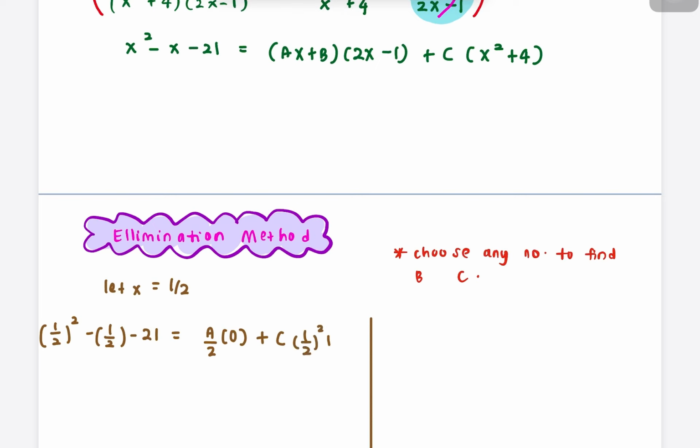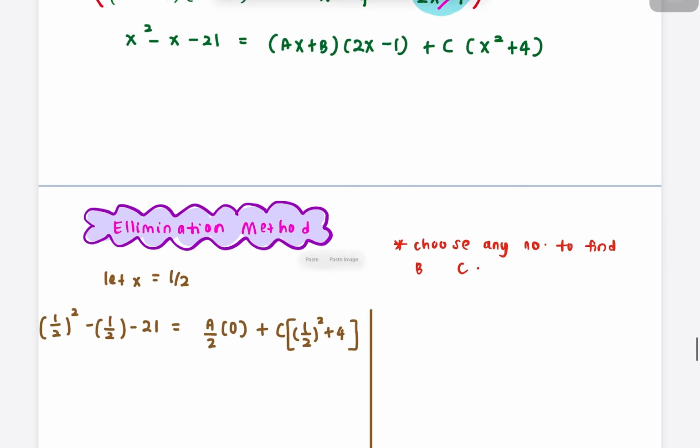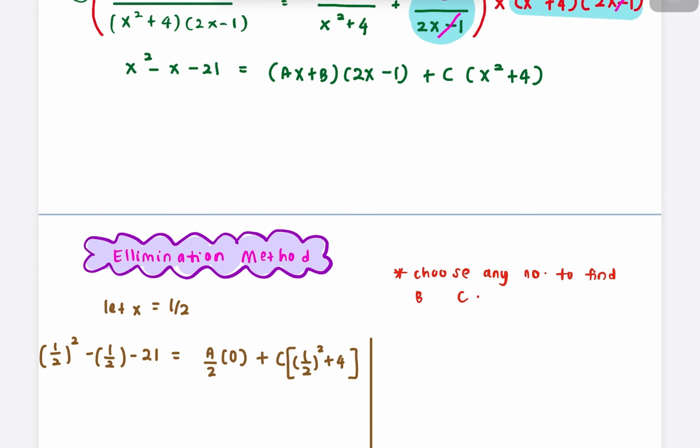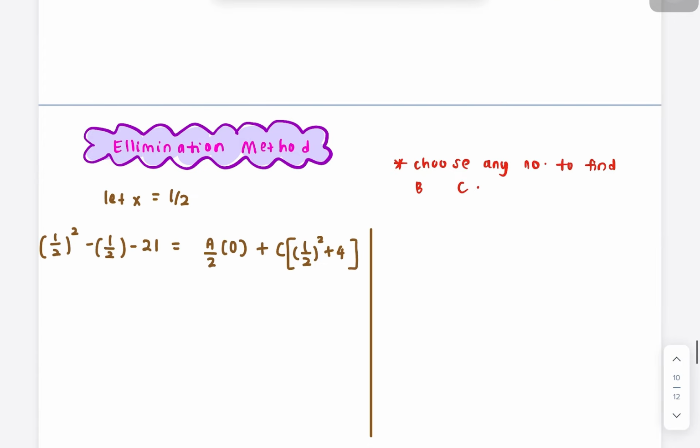So simplify the left side. Half squared is 1/4, minus 1/2, minus 21 is -85 over 4, equal to, this one will be 0. 0 multiplied with any number will be 0.